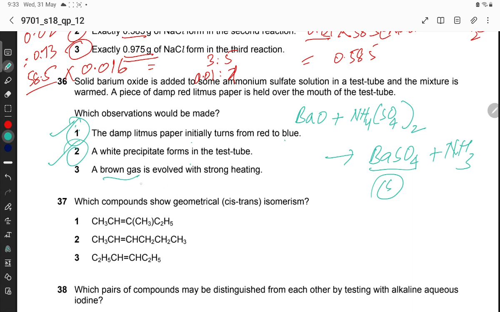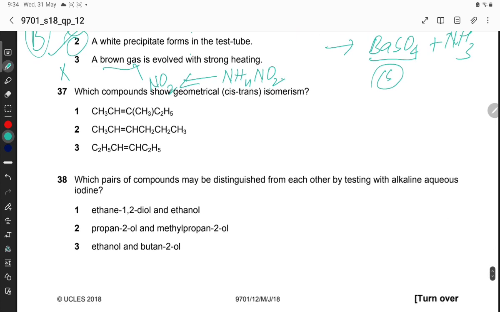This is nitrogen gas, and nitrogen gas is not formed in this reaction. So this is incorrect. In option B, if ammonium nitrite is there, then nitrogen dioxide is produced.